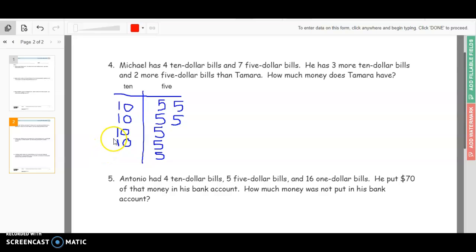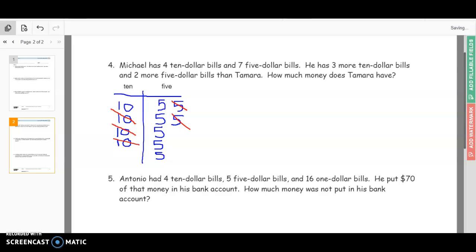He has 3 more. I'm going to take away those 3 more that he has. Okay. So now we're left with 1 $10 bill. It also says he has 2 more $5 bills than Tamara. So I'm going to take away those 2 $5 bills. And I'm left with 5 $5 bills.